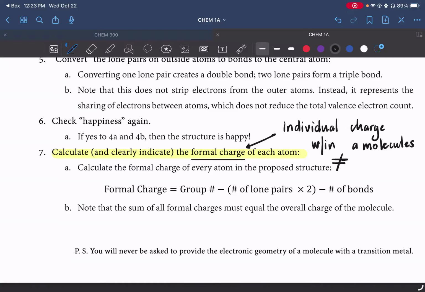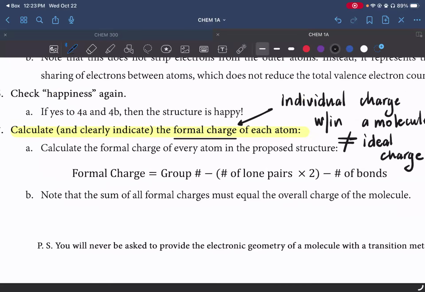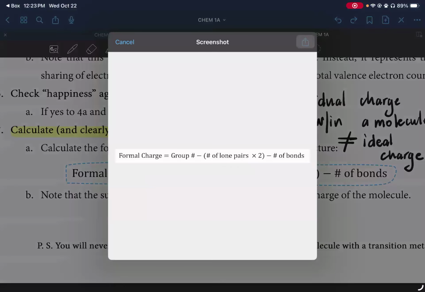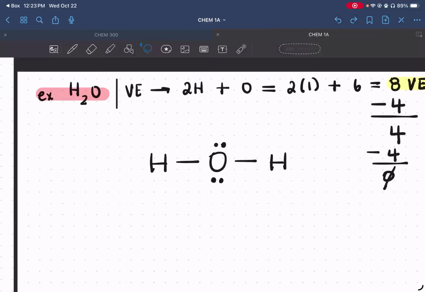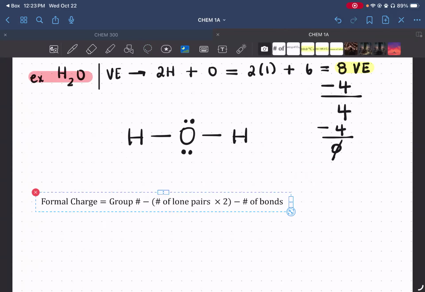It is not equal to the atom's ideal charge, meaning you cannot just know the formal charge of an atom, you have to calculate it. The formula is given here. Formal charge is equal to the group number minus the number of lone pairs times 2 minus the number of bonds. We are going to calculate the formal charge of each atom in this molecule using that formula.